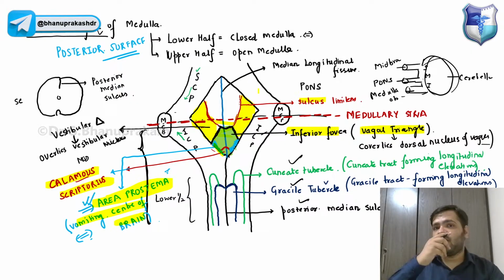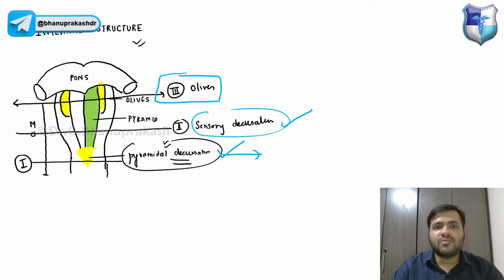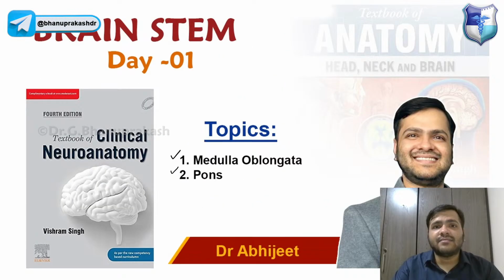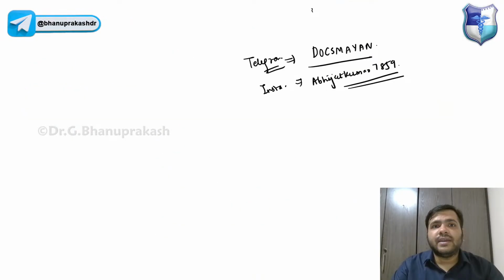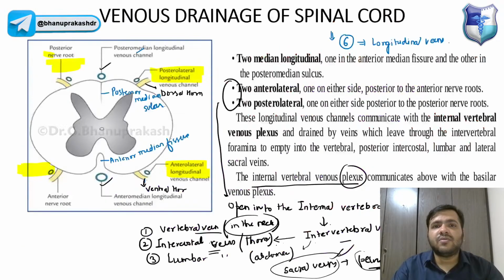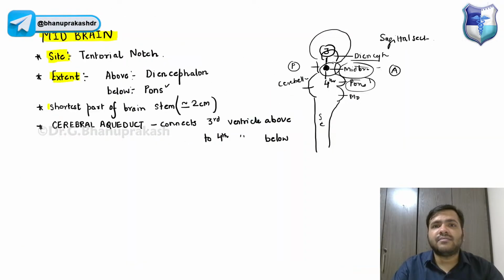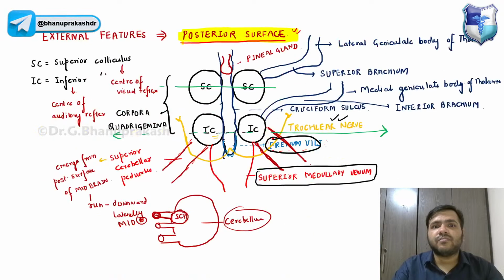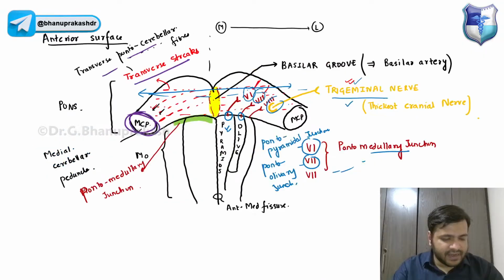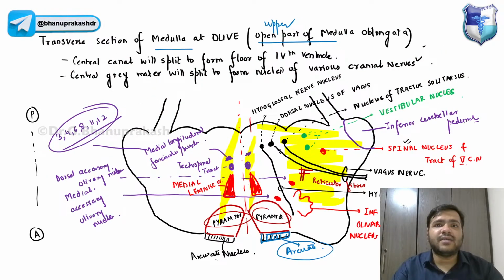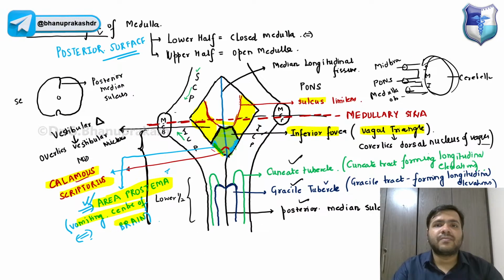In the upper part, we have already discussed, right? So that is about the fourth ventricle, guys. One more thing you can remember over here: what are the openings in the fourth ventricle? Can anyone tell me?